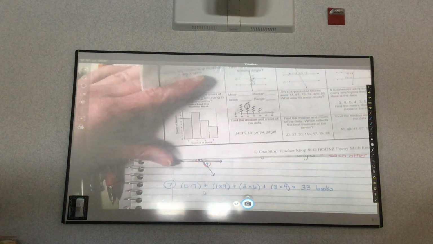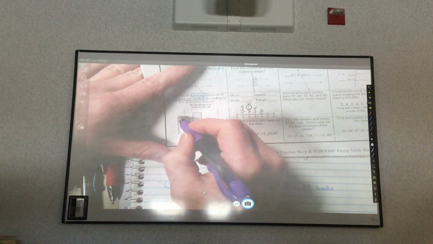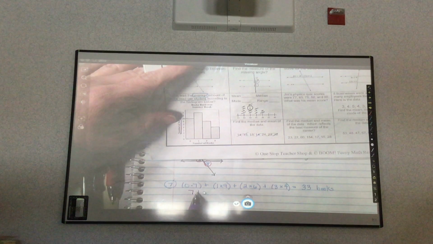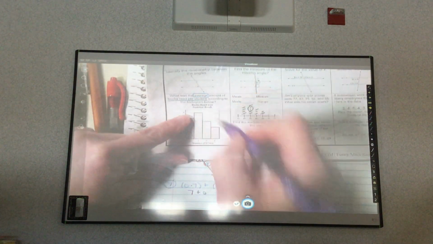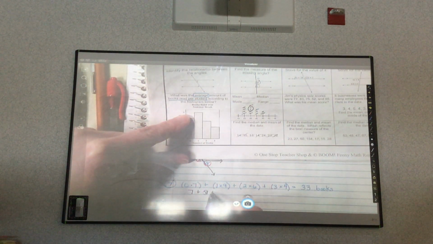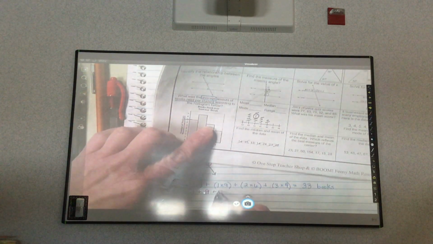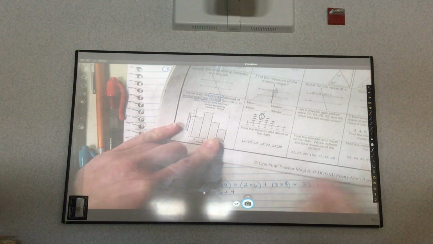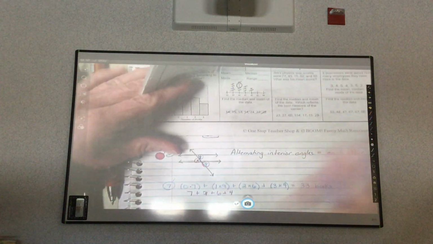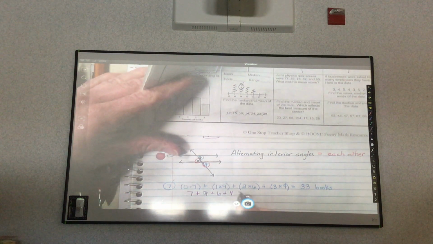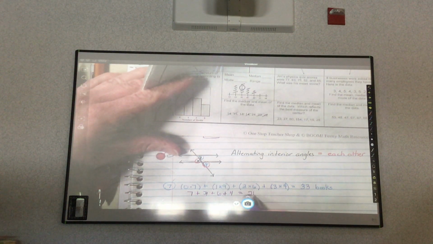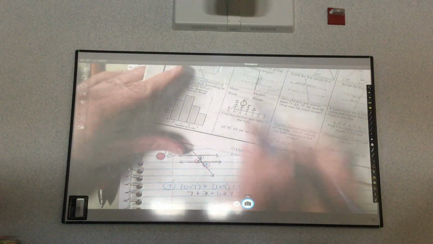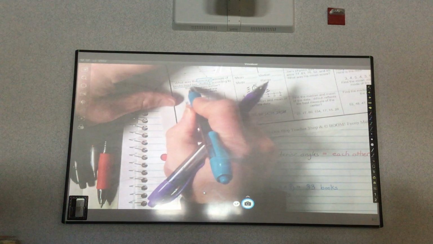Then I have to figure out my number of students. So there would be 7 in this, plus 9 students here, plus 6 students here, plus 4 students. And we said it needed to be books per student.